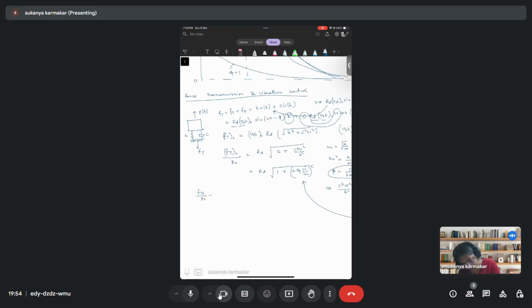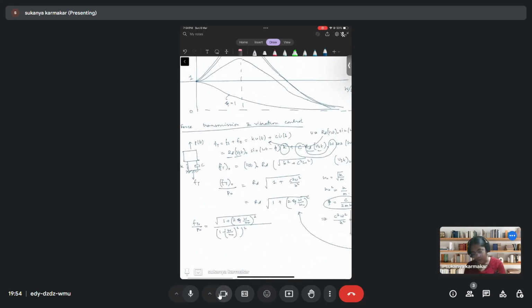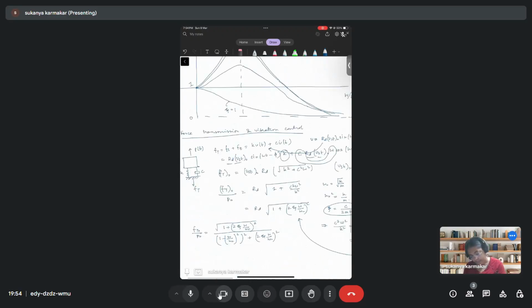f t naught by p naught. You have this in the numerator: 1 plus (2 zeta omega by omega n) whole square, by (1 minus (omega by omega n) whole square) plus (2 zeta omega by omega n) square, under a root.